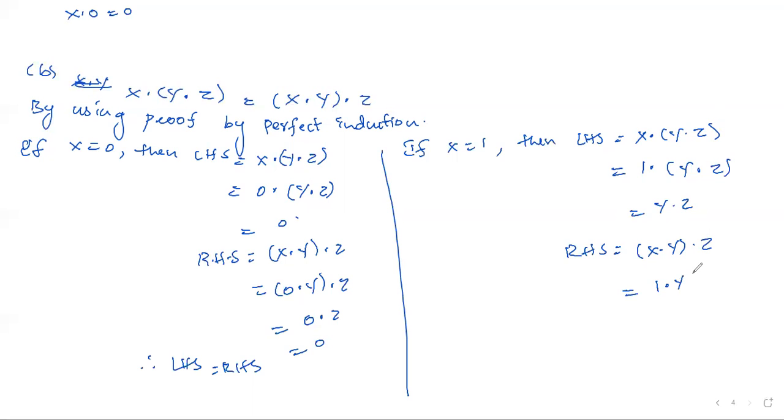So 1 and y and z. So y and z we are going to get. Therefore, LHS is equal to RHS. Therefore, x and y and z is equal to x and y and z.